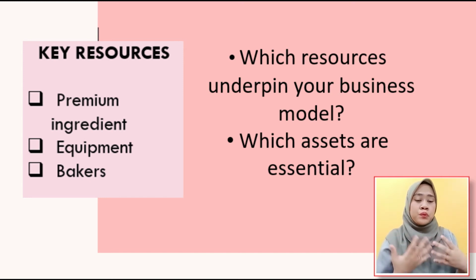So since Vidodo is a business selling a homemade dessert, the essential asset would be the equipment such as oven and mixer. As the value proposition of the business is using high quality or premium ingredients in making the dessert, therefore the premium ingredient is one of the key resources of the business.